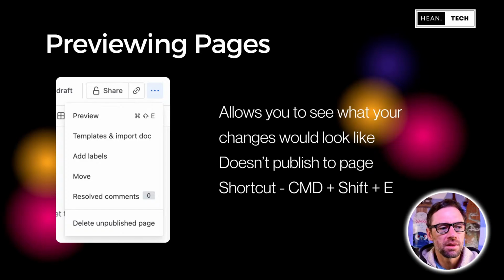But for the most part, the editor is WYSIWYG. What you see is what you get. So it's pretty straightforward. It probably is a better practice for me to use the preview a bit more, to be honest. But this feature does exist. It doesn't publish the page. That's the big thing to remember. And that hotkey, Command-Shift-E, is also useful.